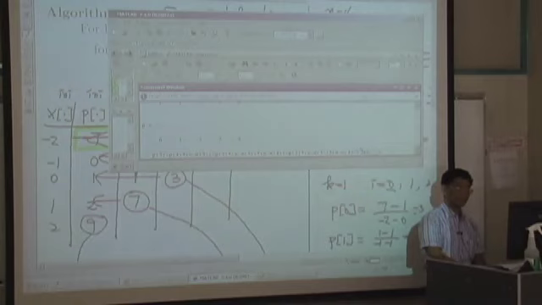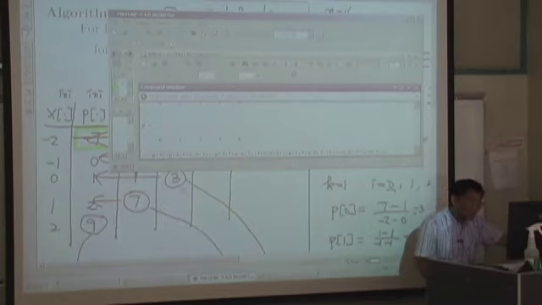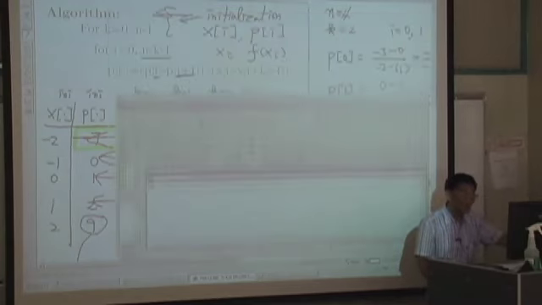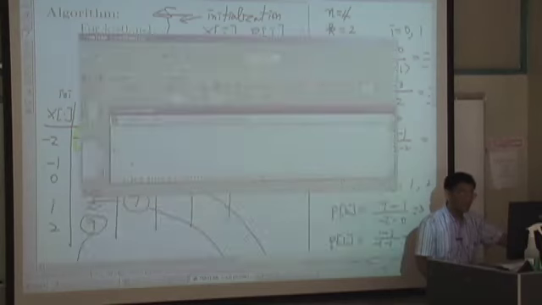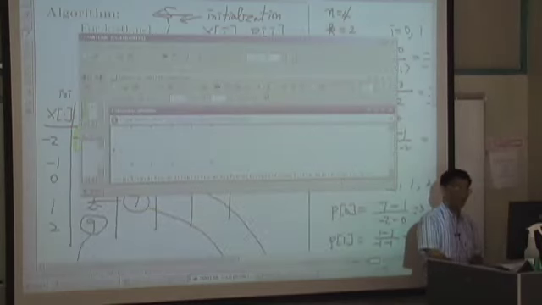Plus, so P of 5, 4, 3, 2 were used, and then P of 1 happened to be 0, right? So it's possible to write it, so I will write it anyway. P of 0 multiplied by x minus x of 5, x minus x of 4, x minus x of 3 multiplied by x minus x of 2.